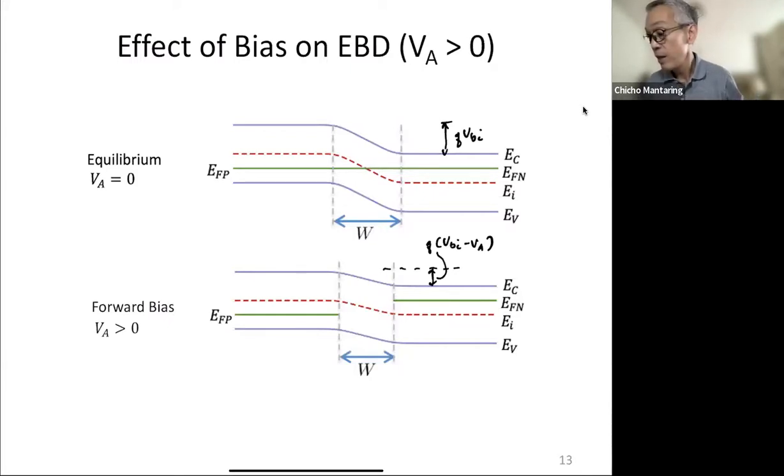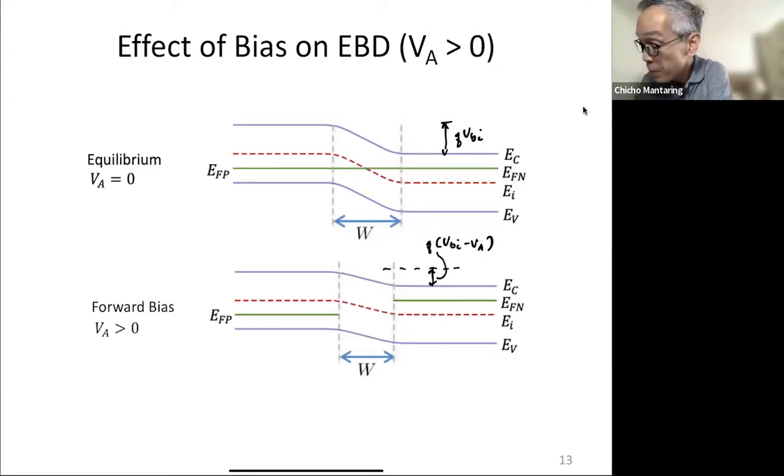By the way, when we do this, this is no longer in equilibrium because you already applied an electric field. So the Fermi levels now, because this is not in equilibrium, you can have a difference between the left side and the right side.